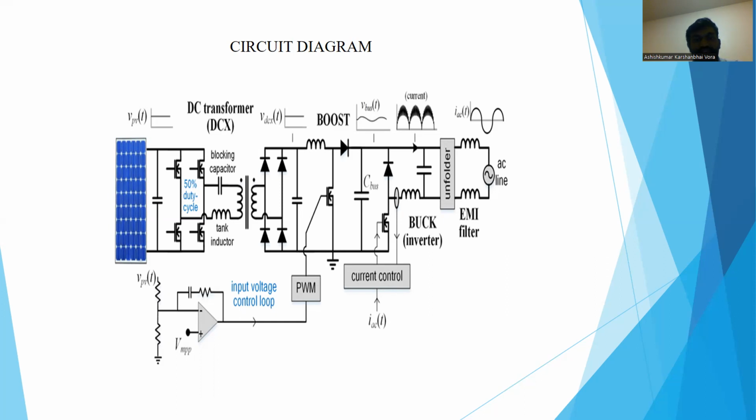Finally, it's connected with the current control and pulse width modulation, joined with the input voltage control loop. You can see a DC transformer, boost current, and some sine wave in the system. So this is the circuit diagram of my system.